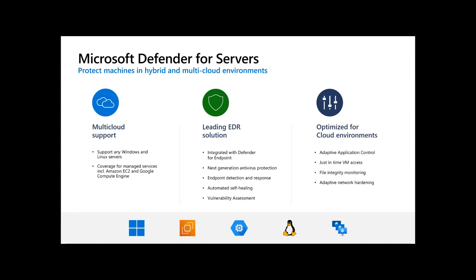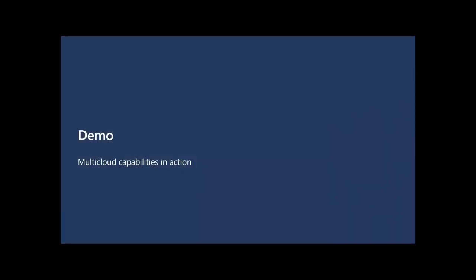Which is why, in addition to this just-in-time VM access capability, when looking to holistically secure your servers, whether it be on AWS, on GCP, or on Azure, we also provide native support from Microsoft Defender for Servers, which is our solution that can holistically protect your servers even in your multi-cloud environments.